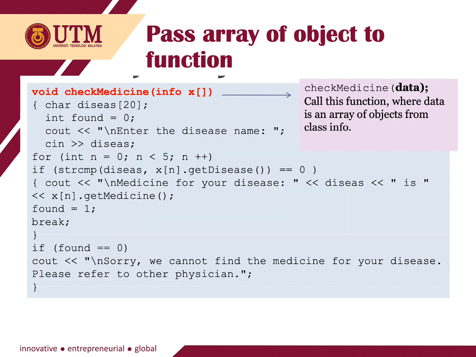Okay, let's see the void check medicine function. So this is the check medicine function here. This is the array that we passed from the main function just now. We call this function where data is an array of objects from class info.